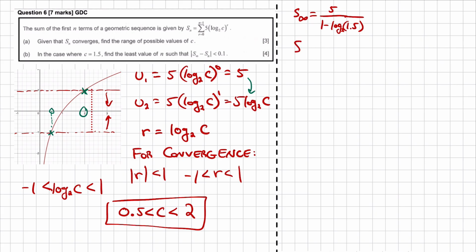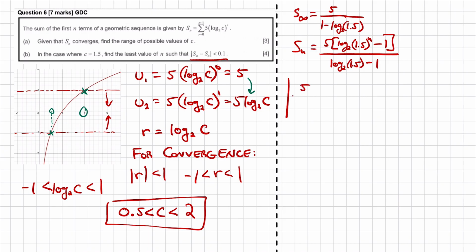And we know that for S sub n, that's going to be 5 times, now be careful with your parentheses here, log base 2 of 1.5, all raised to the nth power, minus 1, divided by log base 2 of 1.5 minus 1, okay? So just plugging these two into the inequality that we are trying to evaluate here.